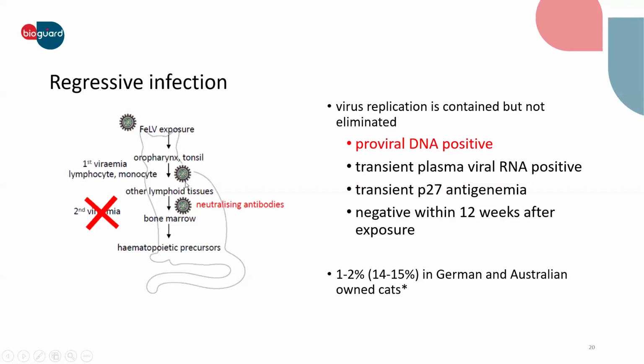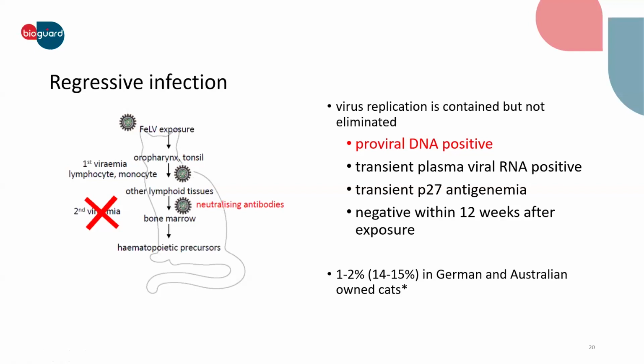Then the virus particles will get through the blood into other lymphoid tissue, and it will have a later immune response. At this stage, those antibodies will clear the viremia stage. By that time, the virus has already caused the infection.